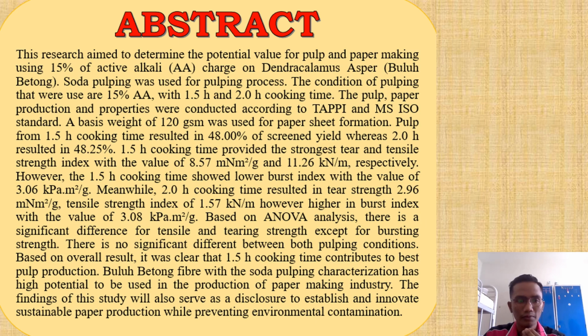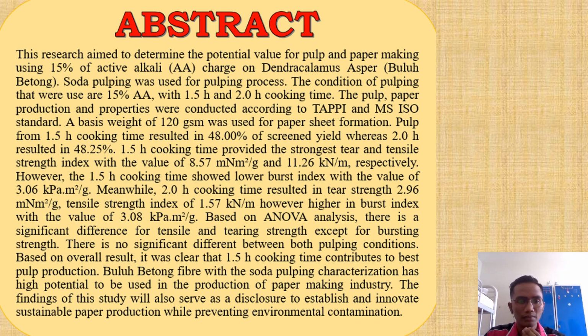Pulp from 1.5 hour cooking time results in 48% screen yield, whereas 2 hours results in 48.25%. The 1.5 hour cooking time provided the strongest tear and tensile strength index with the values of 8.57 and 11.26 respectively.